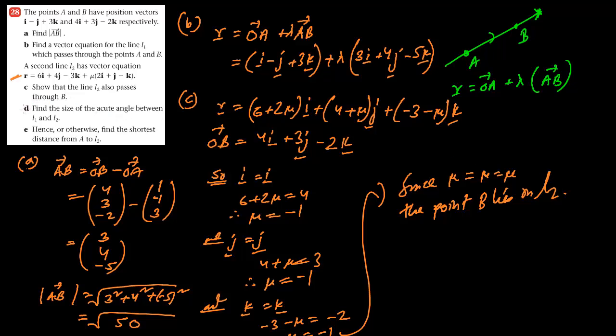Question number D is find the angle between L1 and L2. For this, we need the direction vector of L1 and direction vector of L2. So which is this one? This over here is the direction vector of L1, and this over here is the direction vector of L2. So we can easily find the angle.